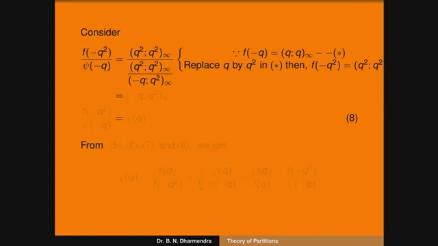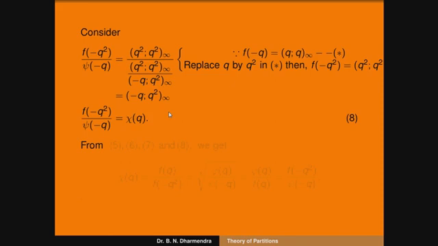Here both numerator and denominator contain q square infinity, so they get cancelled, and this one goes to the numerator, that is equal to minus q square infinity. That is nothing but the statement of chi of q. Hence, f of minus q square divided by xi of minus q is equal to chi of q. So you can call this equation 8.